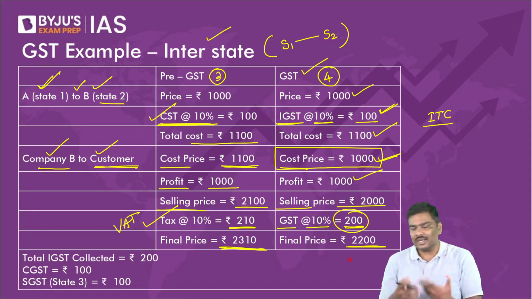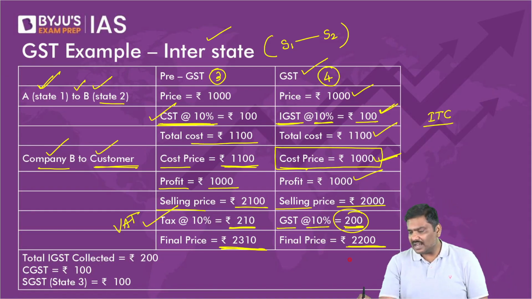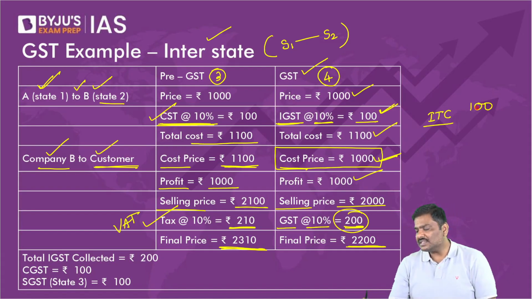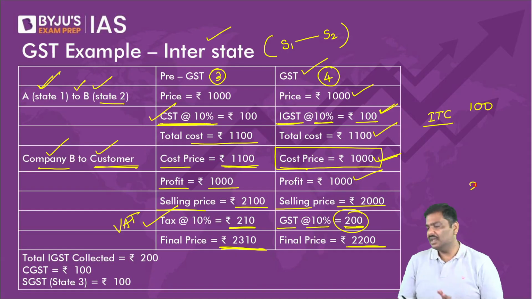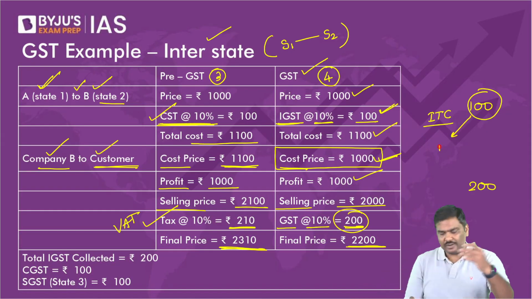Now, how will this work out? Follow this very carefully. In step 1, the government has collected 100 rupees IGST. In step 2, the government has collected 200 rupees GST. This IGST will be paid back to company B. Company B will get the 100 rupees of IGST back.